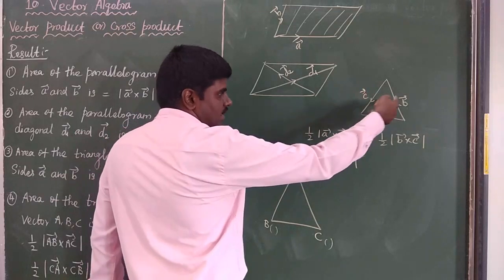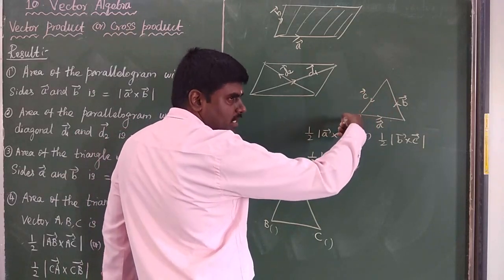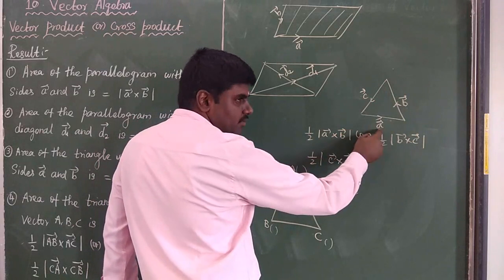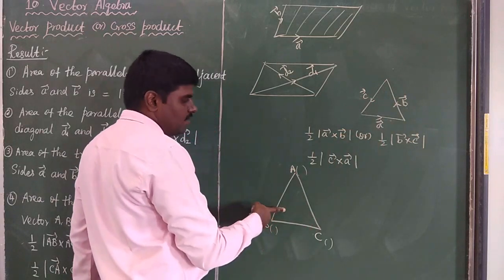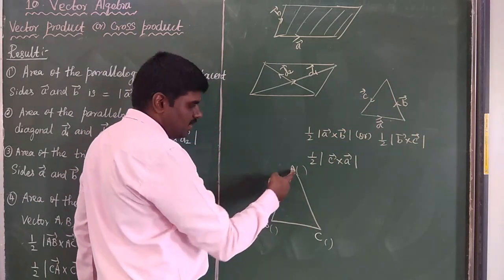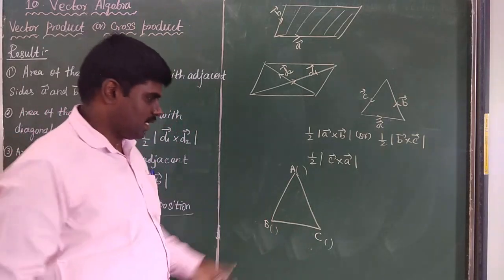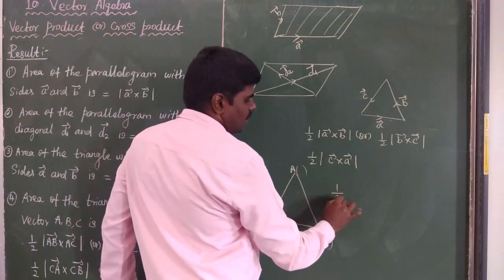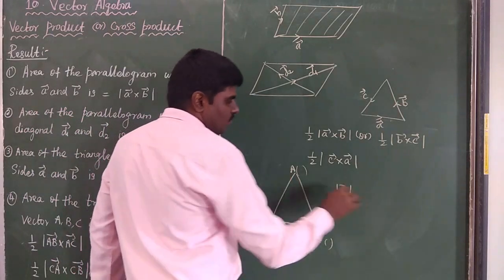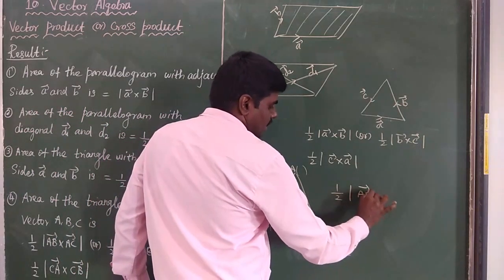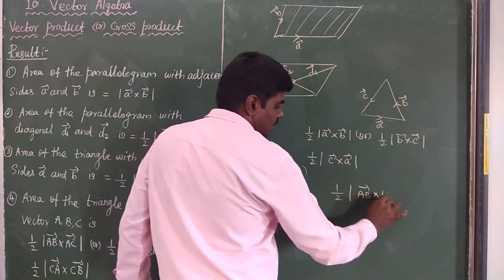The last one is to find the area of the triangle, but where the vertices or position vectors are given rather than the sides. How to find the area of the triangle? Using the formula, half into the magnitude of AB vector cross AC vector.